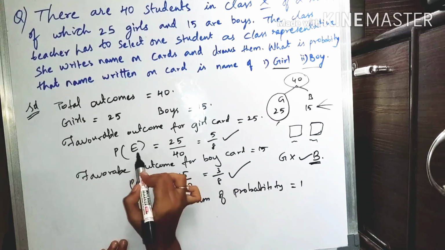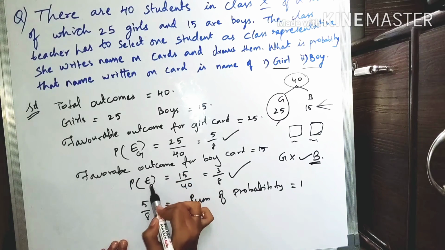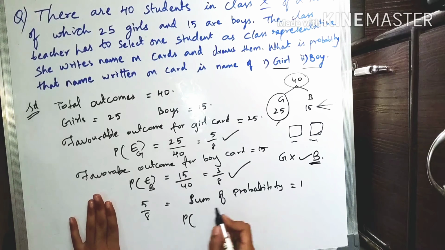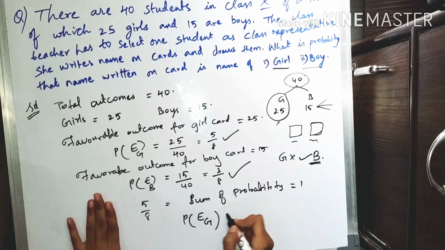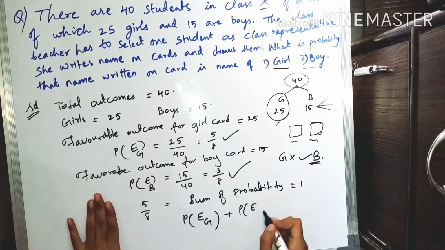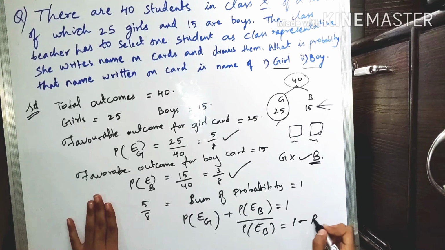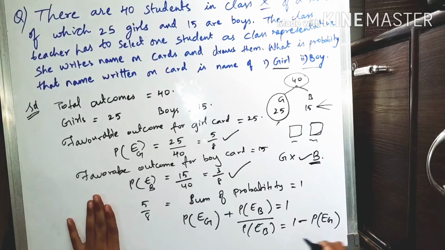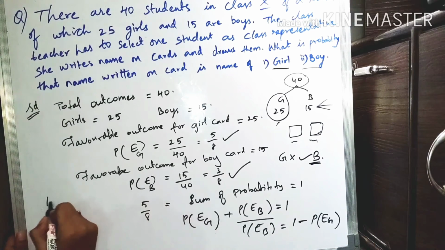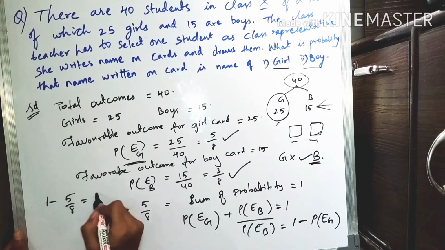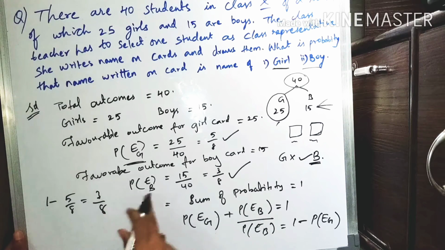So the probability of occurrence of a girl card plus the probability of occurrence of a boy card is 1. To find the probability of a boy's card, you can simply subtract the probability of a girl card from 1. So you will get 1 minus 5 by 8, which is nothing but 3 by 8. So this is another way of solving the same problem.